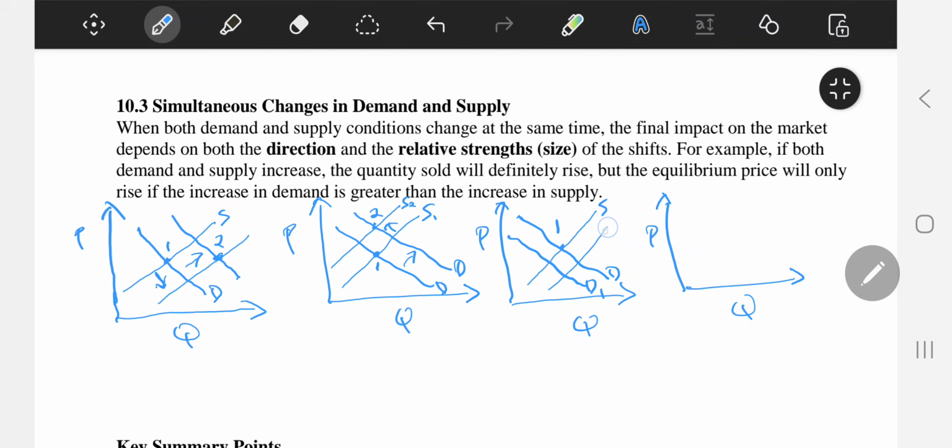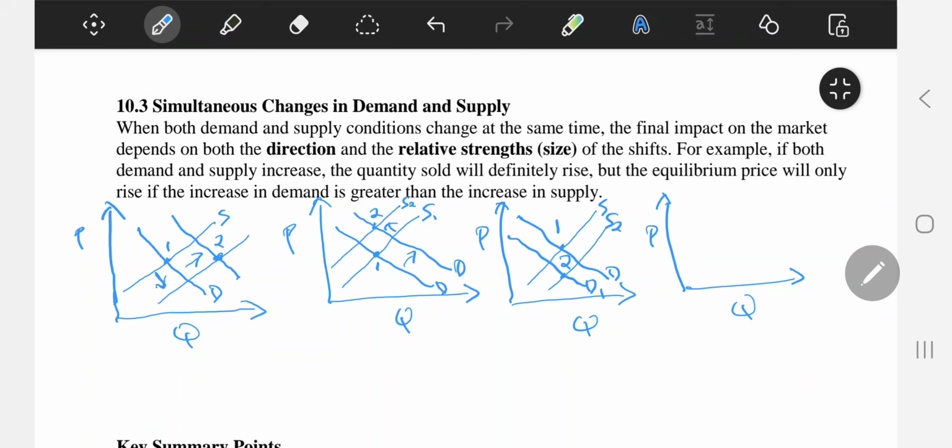So supply is increasing, but demand is decreasing. So we started there, decreased demand, and then increased supply, and we move to point 2 here. So what we notice is that if the demand curve shifts to the left and the supply curve to the right, then we're going to have a lower price, but the quantity, we are not certain.